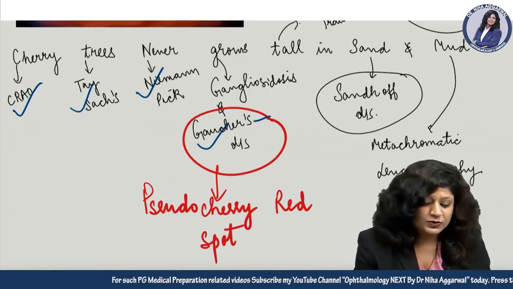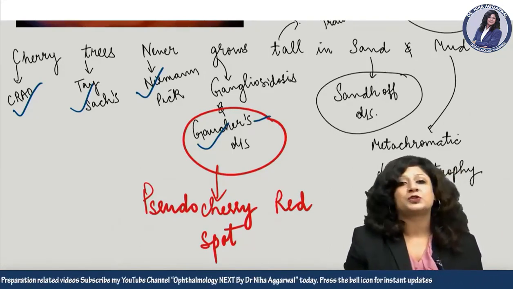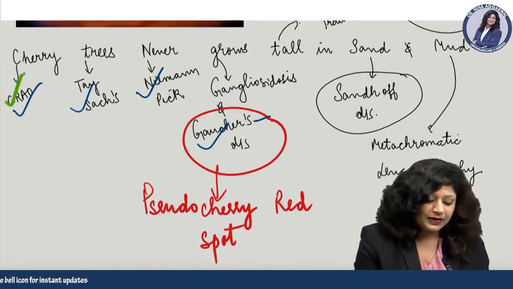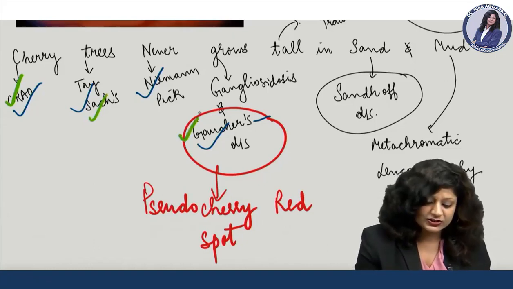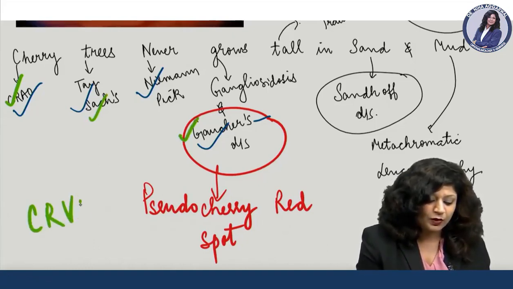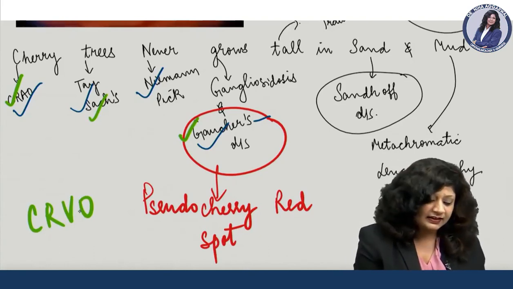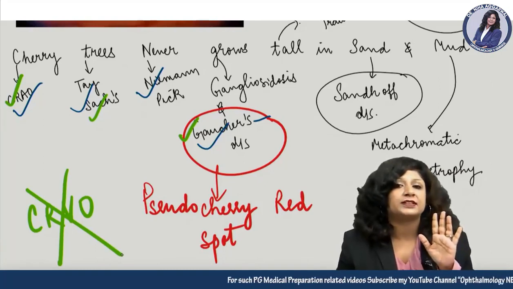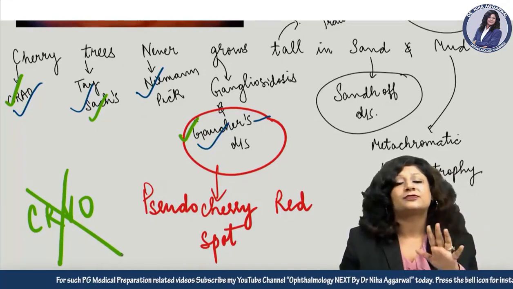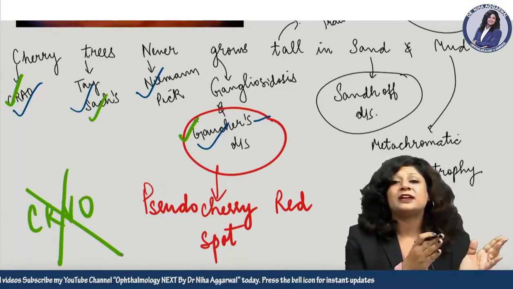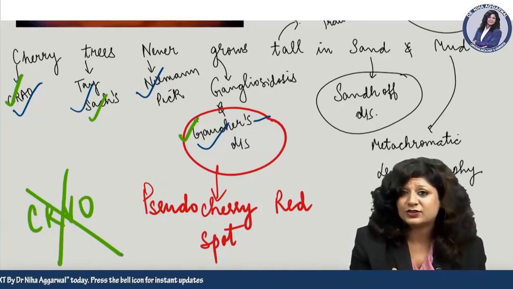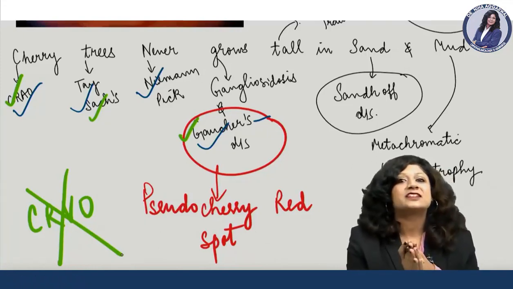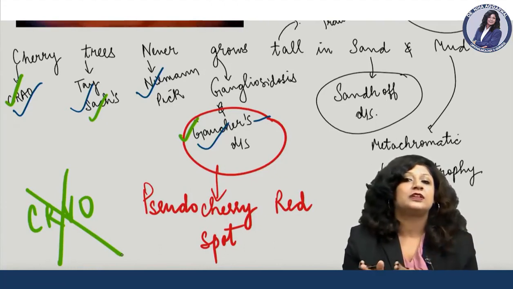But if I change the options in the same question, and say CRAO, Tay-Sachs disease, Gaucher's disease, and CRVO, then the answer will be CRVO, because Gaucher's still shows a pseudo cherry red spot, while no red spot is found in CRVO. So you will have to individualize the cases and take your decision. Keep Gaucher's disease as an extra member of the cricket team and choose it intelligently according to the other options.